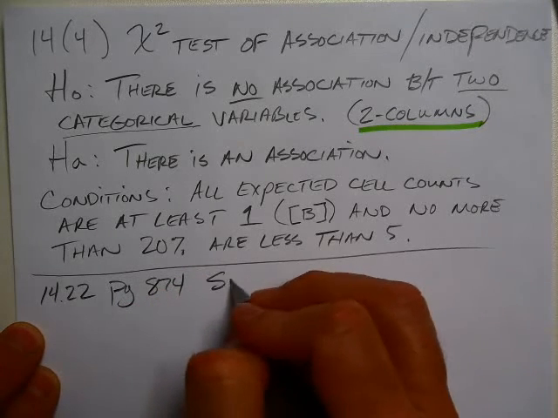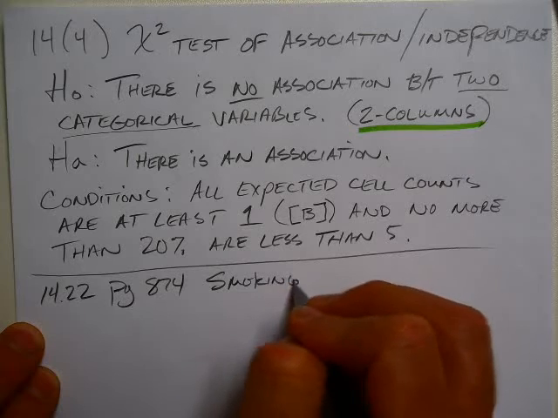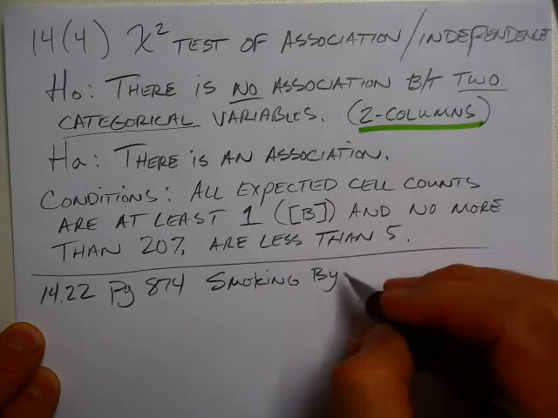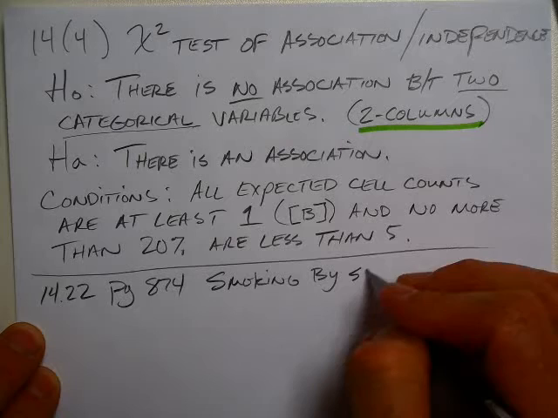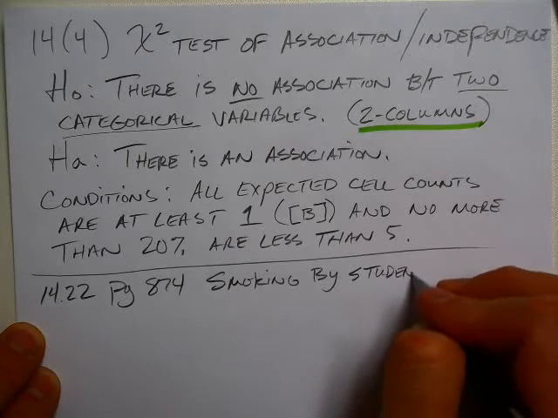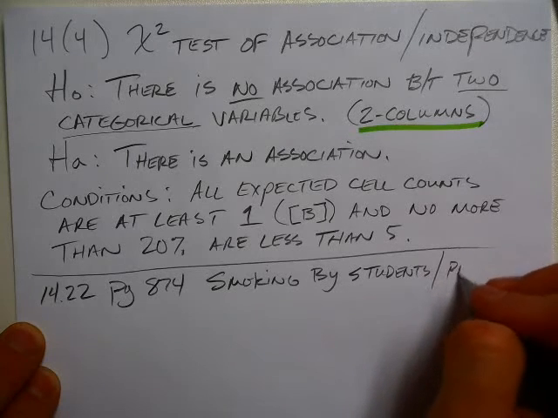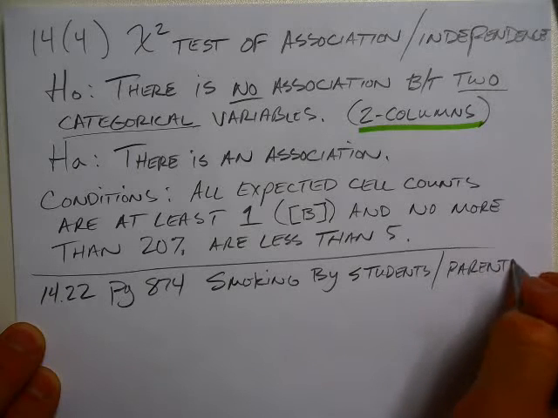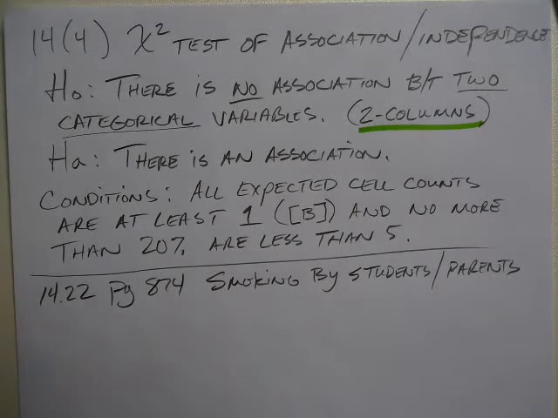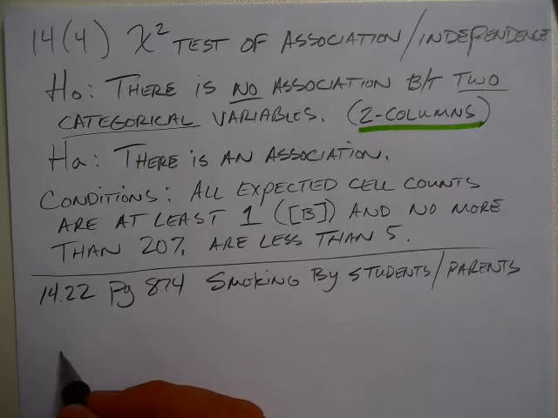It deals with smoking by parents and students. The question basically says, how are the smoking habits of students related to their parents' smoking habits? Here are the data from a survey of students in 8 Arizona high schools. So we have some data here.